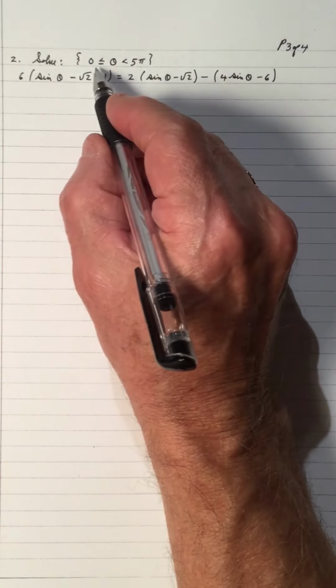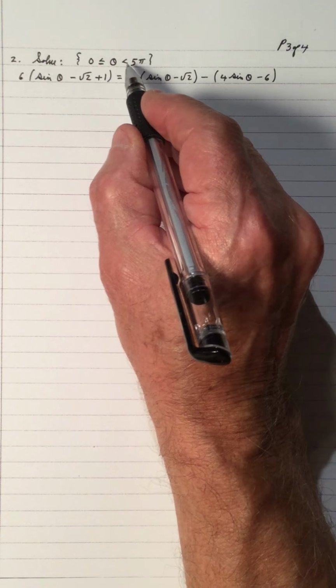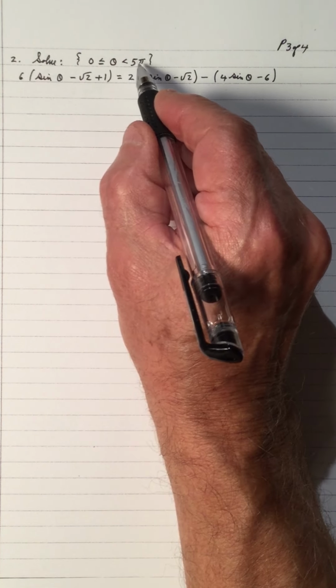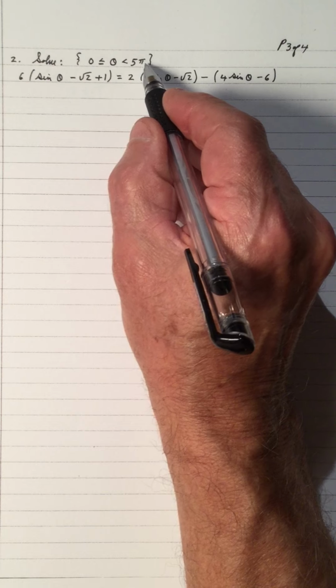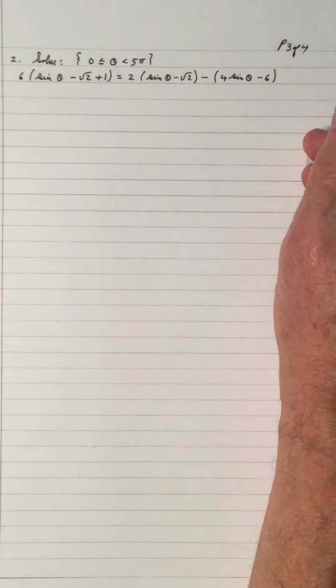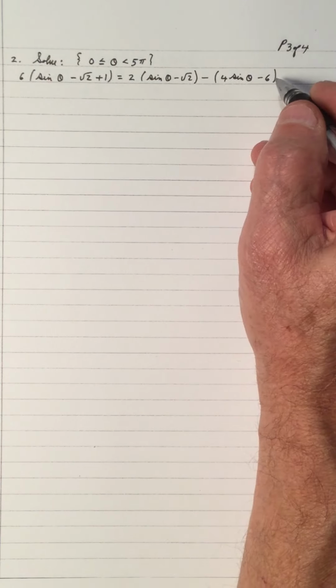And notice this one. It says solve, 0 is less than or equal to theta is less than 5 pi. That means it's in radians, in terms of pi. So let's solve this equation using PEMDAS.